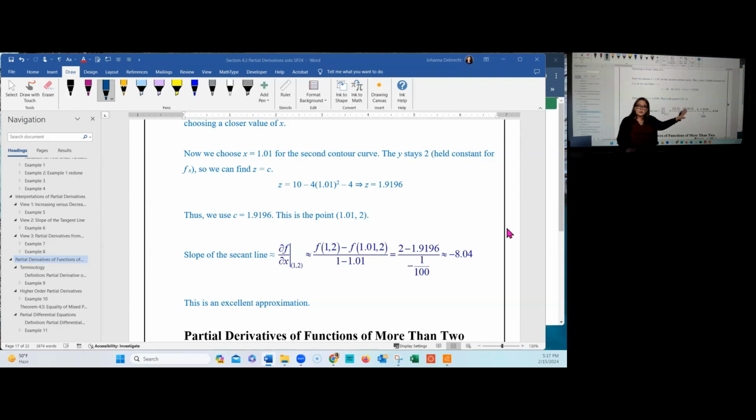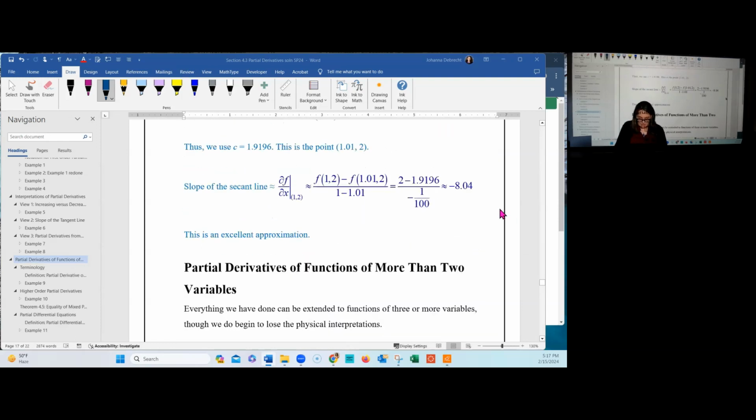Remember, the actual slope at that point for the partial with respect to x turned out to be -8. And when we just move over to 1.01, and whatever that came out to be, 1.9196, then we get -8.04, which is a very good approximation.